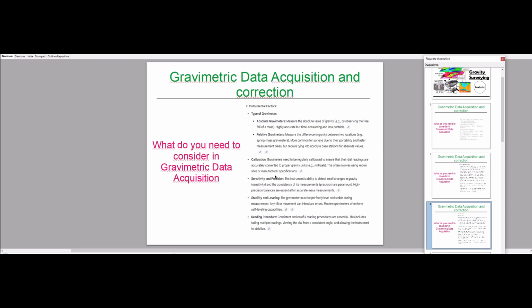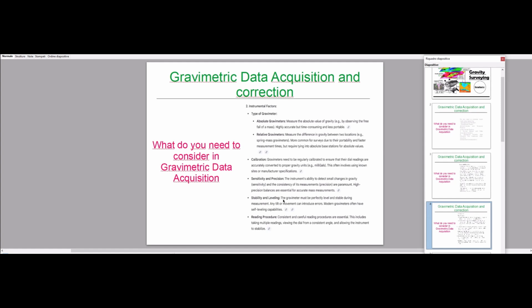The calibration: the gravimeters need to be regularly calibrated to ensure that the dial readings are accurately converted to proper gravity units. The sensitivity and precision: the instrument's ability to detect small changes in gravity is essential, and measurement precision is paramount.